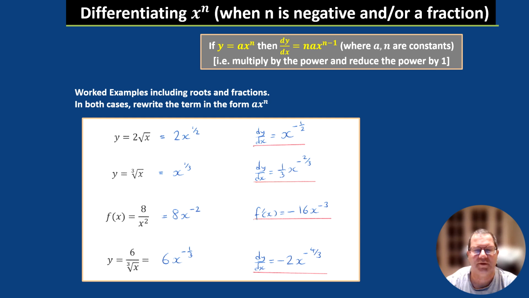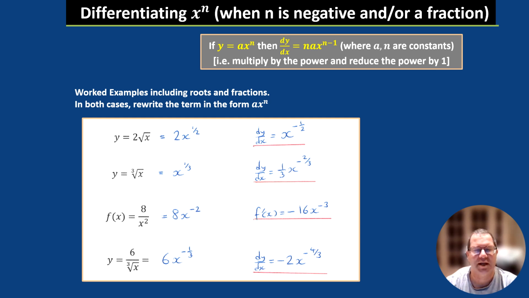Subtracting 1 from a half gives us negative half, so dy by dx equals x to the power of negative a half. The second one says y equals the cube root of x, which is x to the power of a third. So we multiply by a third, and we subtract 1 from a third, which is negative 2/3. So the answer is dy by dx equals a third x to the negative 2/3.